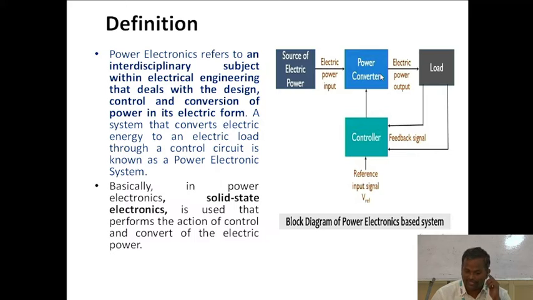Then we have to see the controlling. What is the need of controlling? For example, if the load is expecting 5 kilowatts, then we have to give a control signal to this controller until we get the 5 kilowatts that satisfies the given load.